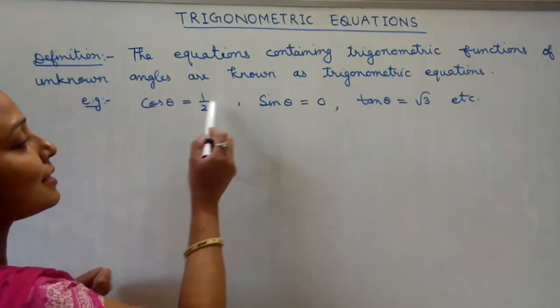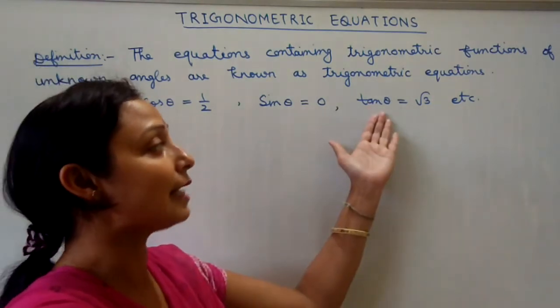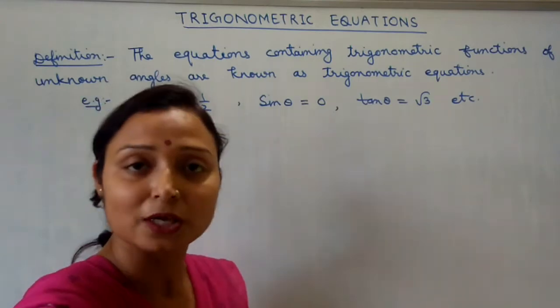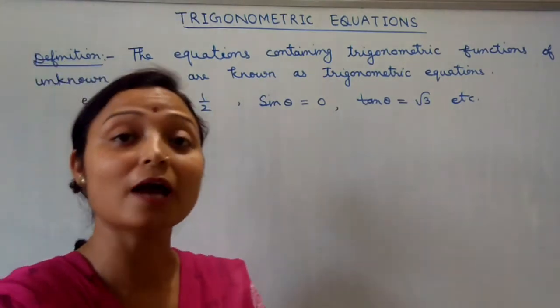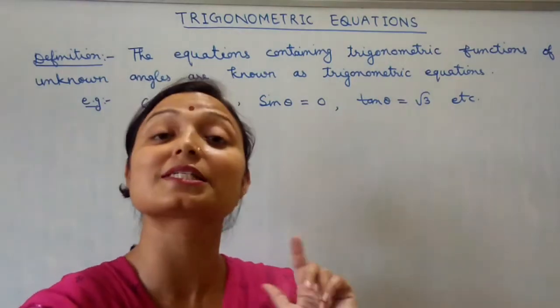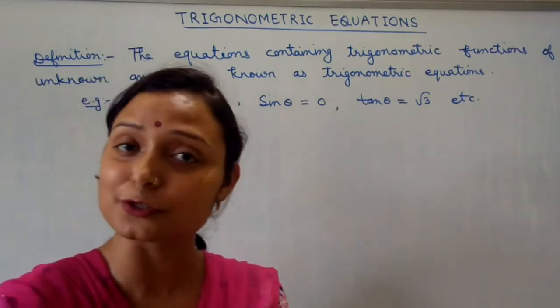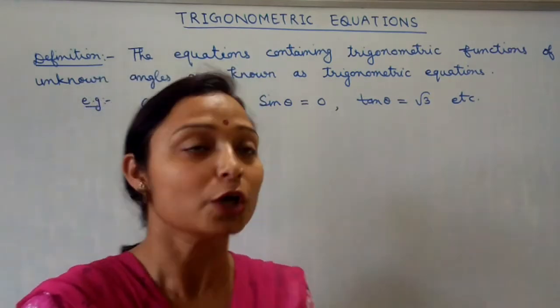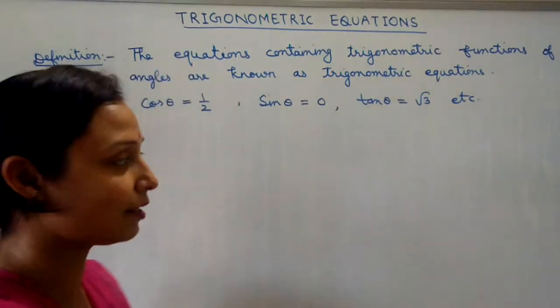For example, cos theta equals 1 by 2, sin theta equals 0, tan theta equals root 3. When we have to find the value of theta, we have two types of solutions. The first one is principal solution and the second one is general solution. So let's do the principal solution and the general solution of trigonometric functions.